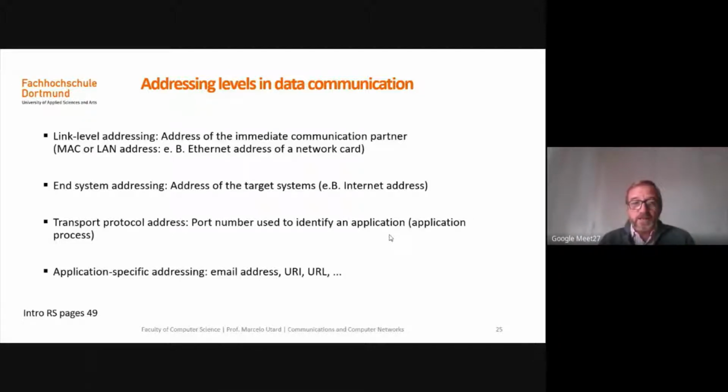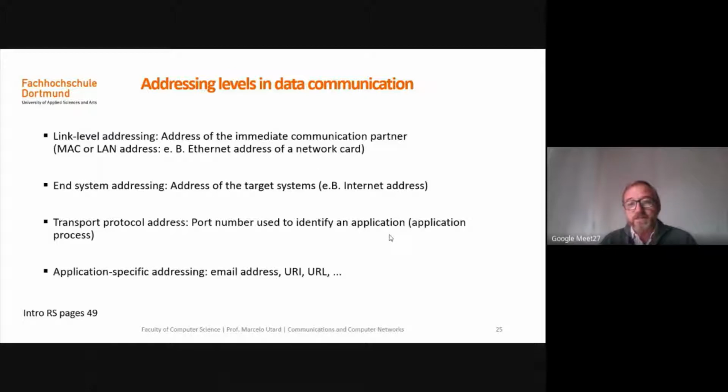In that layer, the transport protocol address is associated with something called the port number that is used to multiplex the different traffic flows or packets exchanged between application processes. And overall, at the application level, we have different application-specific addressing.